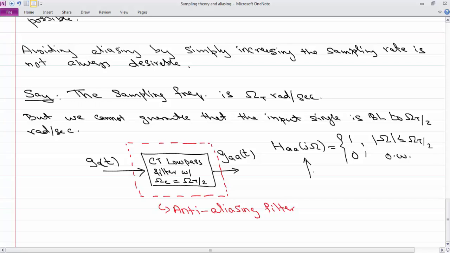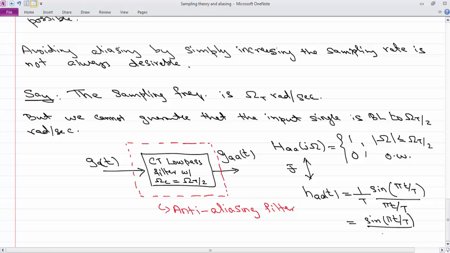And the impulse response of that is h_AA of t, which is 1 over T times sine of pi t over capital T, over pi t over capital T. So sine of pi t over capital T divided by pi t.